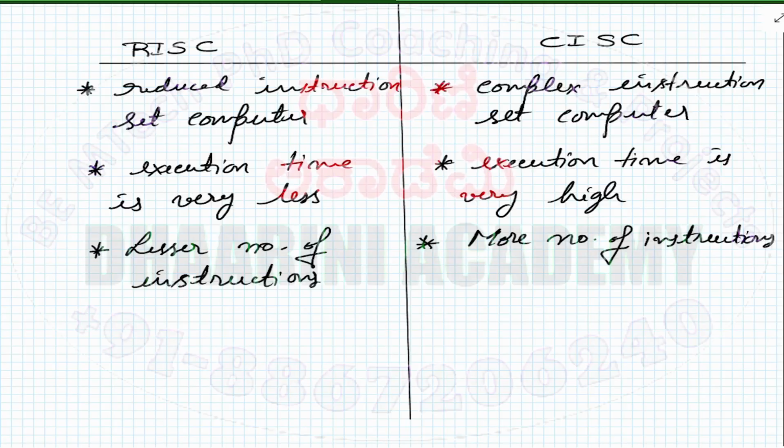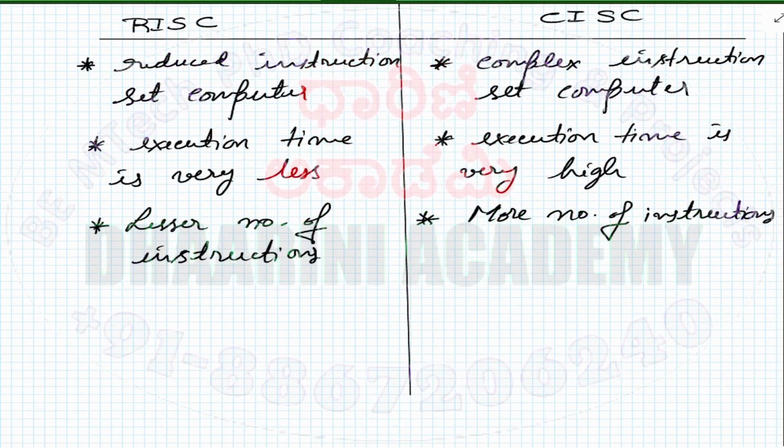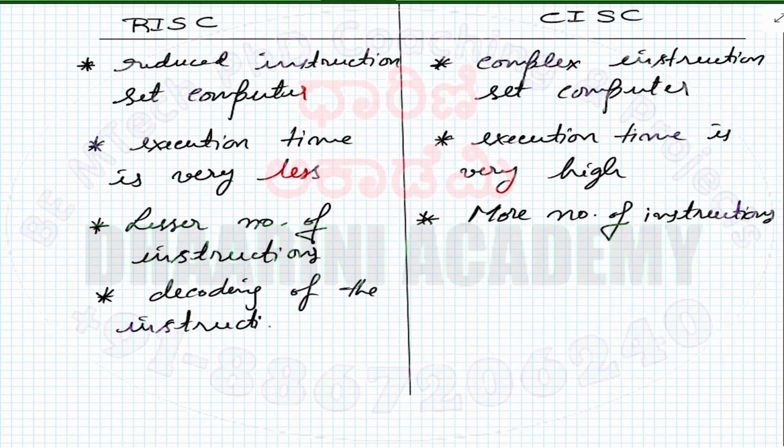Since the RISC has a reduced number of instructions, the decoding will take lesser time. That's why it is very fast. So we'll mention that here. Decoding of the instructions is simple.